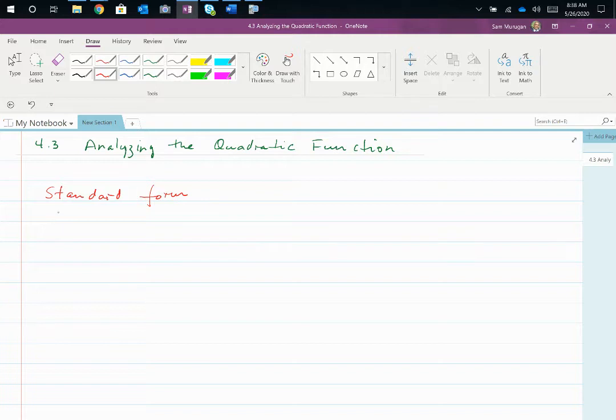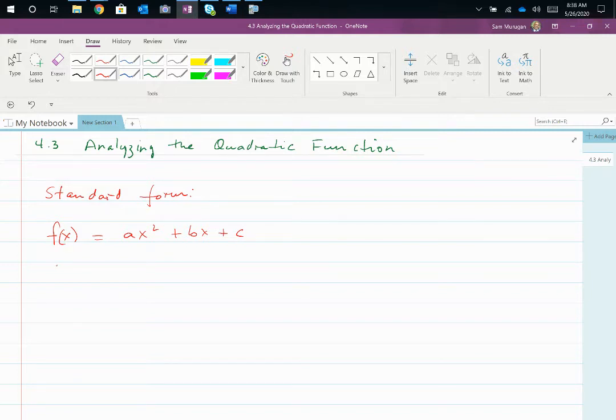is f of x equal to ax squared plus bx plus c, where a, b, and c are constants.